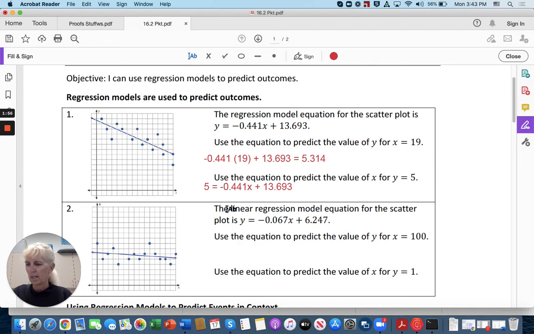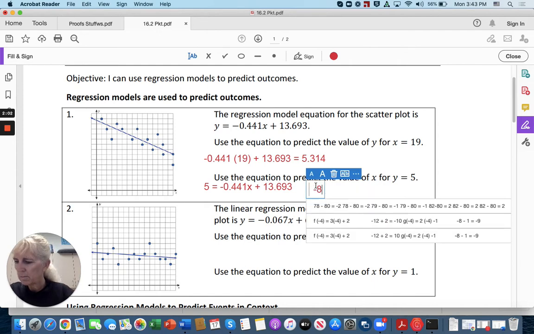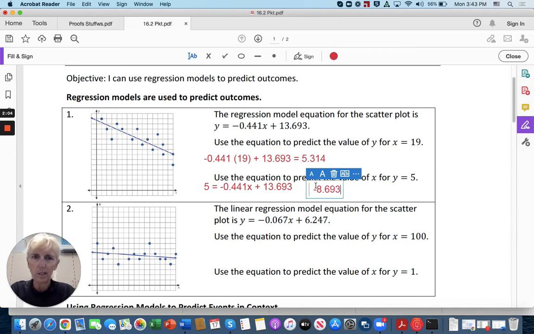So if I go 5 minus 13.693, I get the next equation, which is negative 8.693 equals negative 0.441x. Okay, and then to solve for x, we divide both sides by negative 0.441.